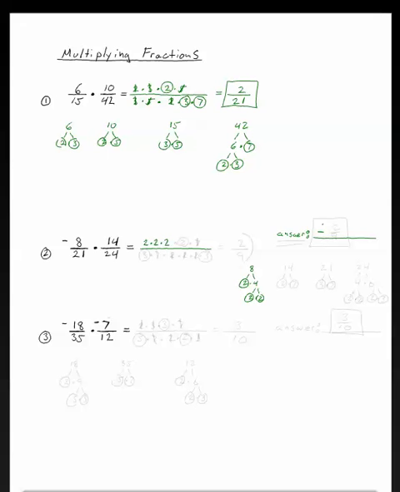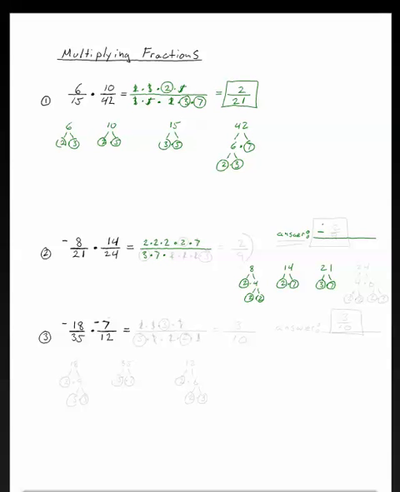Next I break down my 14. 14 is 2 times 7, and the 2 and the 7 are both prime. So I write times 2 times 7. Next I move on to my first denominator of 21. 21 is 3 times 7, and the 3 and the 7 are both prime. So it's 3 times 7.